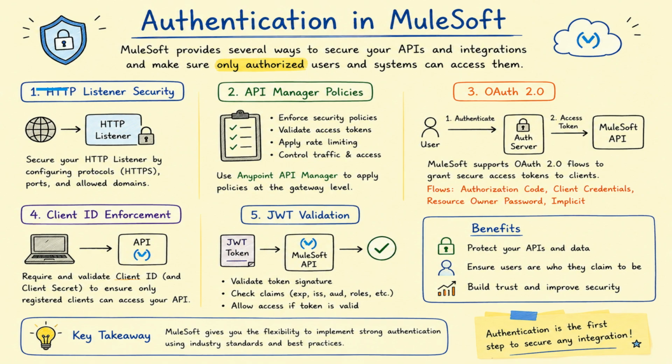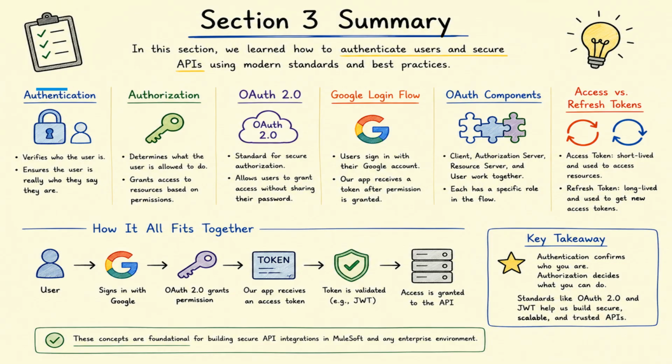OAuth 2.0 securely authenticates users and applications, while Client ID Enforcement verifies trusted clients. JWT validation confirms that tokens are authentic before access is granted. Together, these features help MuleSoft secure APIs, protect sensitive data, and ensure that only authorized users and applications can access enterprise services.